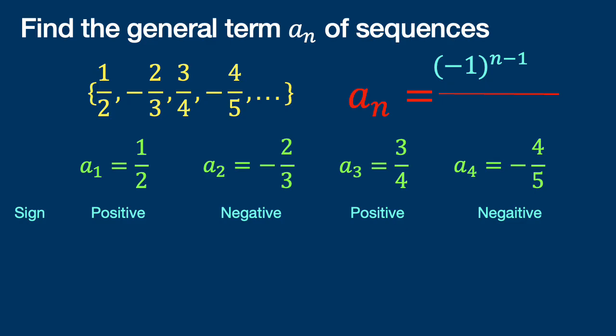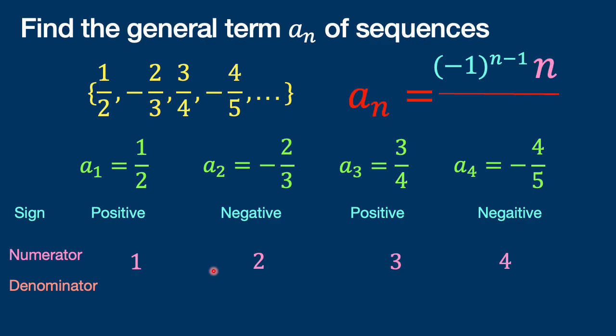So the second part is we have to find the numerator. What is the numerator of each term? First one is 1, 2, 3, 4, right? So the numerator is 1, 2, 3, 4. First one is 1, second is 2, third is 3, fourth is 4. So the numerator is going to be n.